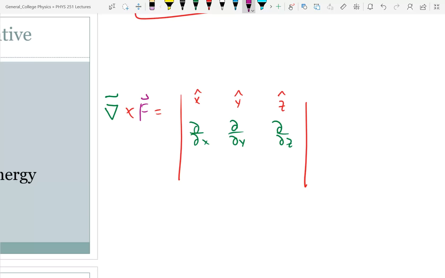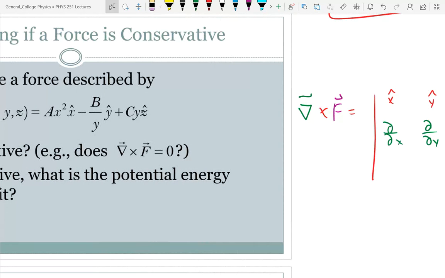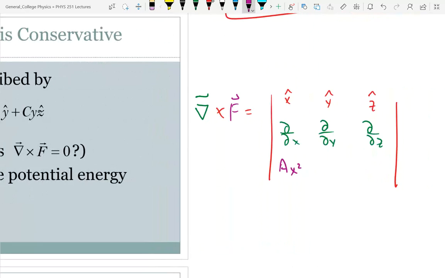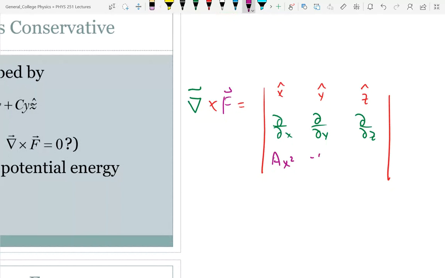And the third row is our force vector. So in the x direction, it's ax squared. In the y direction, it's minus b over y. And in the z direction, it's cy. So now we have to check to see if this is 0.